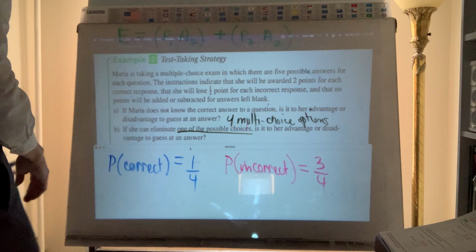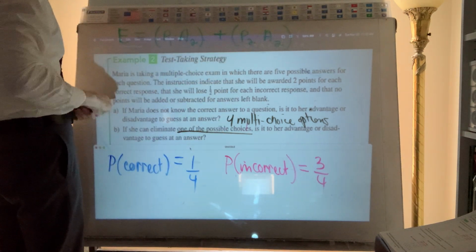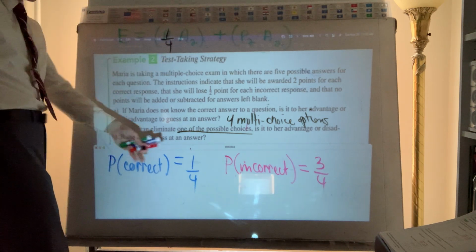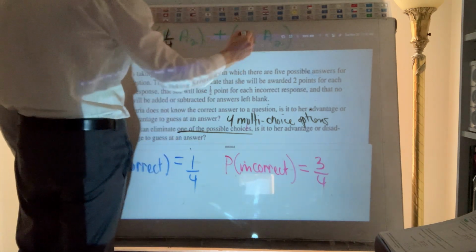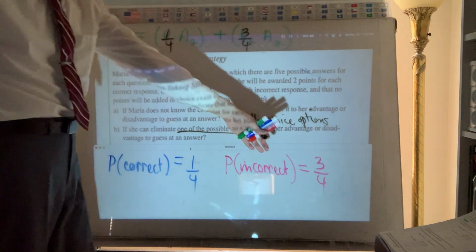All right, so we're going to just situate them in each of their respective terms. So 1/4 for the probability here, or if you like 0.25, and 3/4 if you like a fraction, or 0.75.